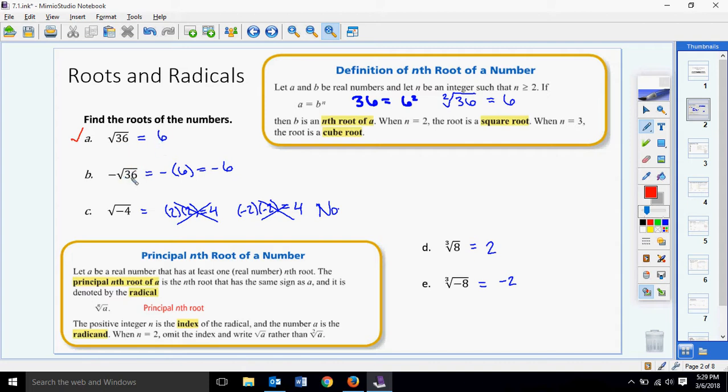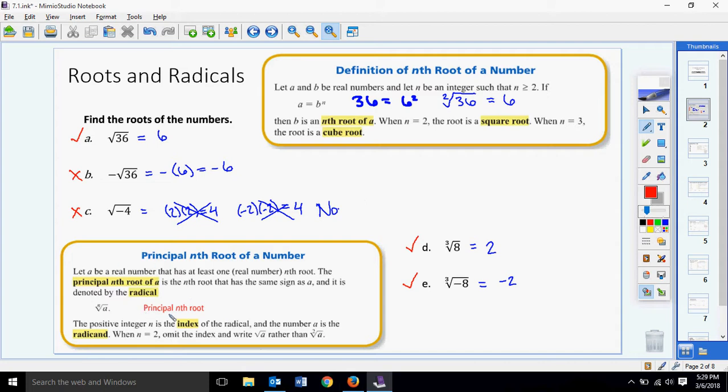In here, though, our answer was a negative 6, and the sign under our radical was a positive, so that would not be a principal nth root. Here we have a negative, and there was no answer, so that would not have a principal nth root. Over here, we have an 8 and a positive 2. They're both positive, so that's a principal nth root. A negative 8 and a negative 2, that would also be a principal nth root.